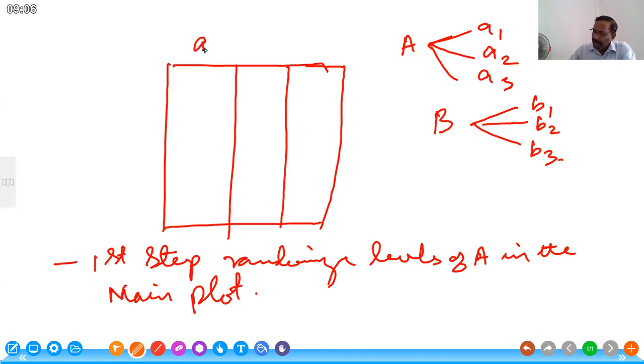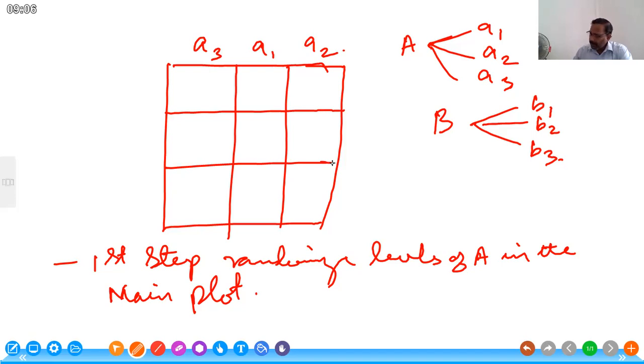For example, here I have randomized A3, A1, A2. That is the first step.